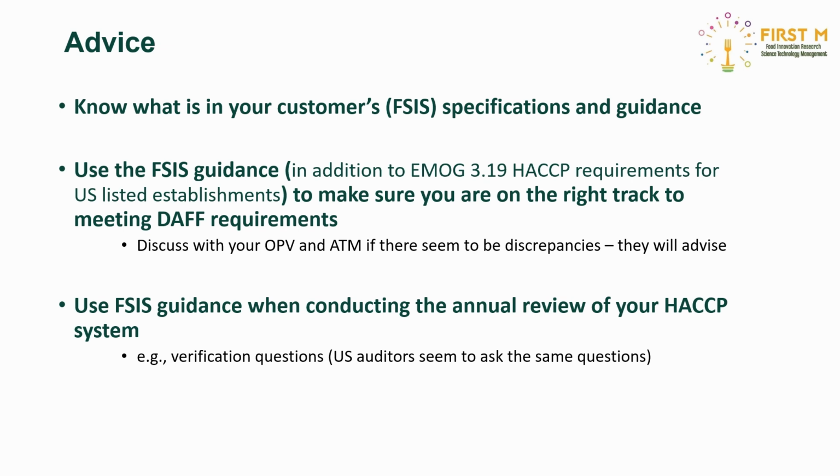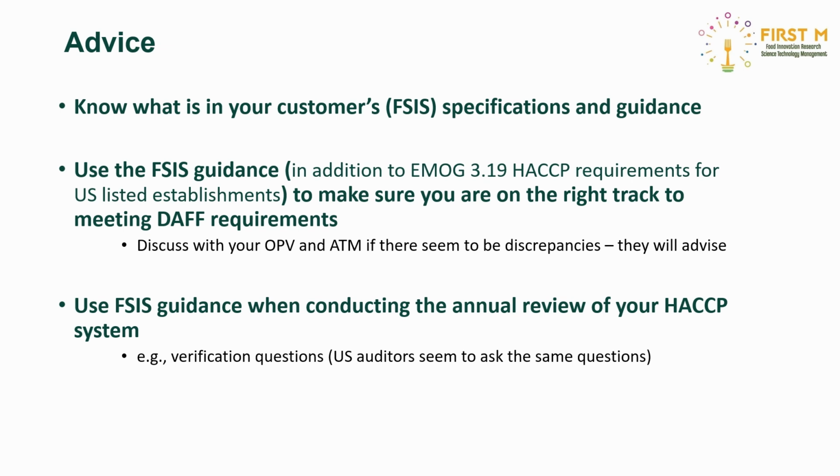If you see some things that you think are really at odds with what we do, it's worth discussing that with your OPV and ATM, just to make sure that it might be something that we have an equivalence about rather than something that you have to copy exactly what the US have said in their documents.